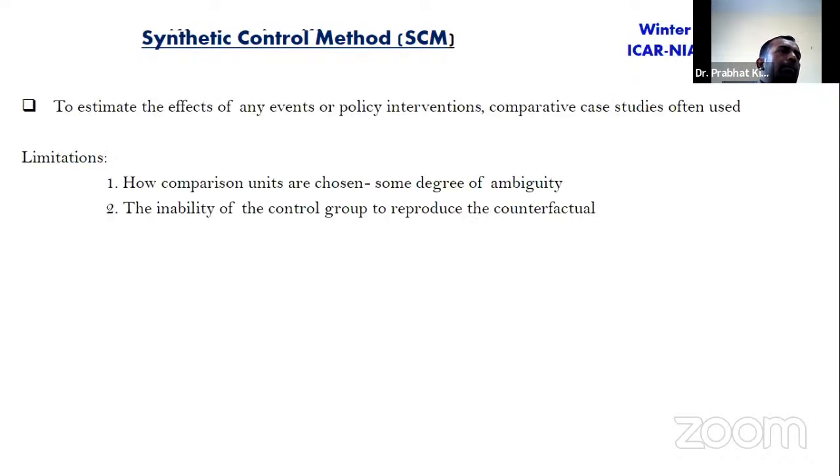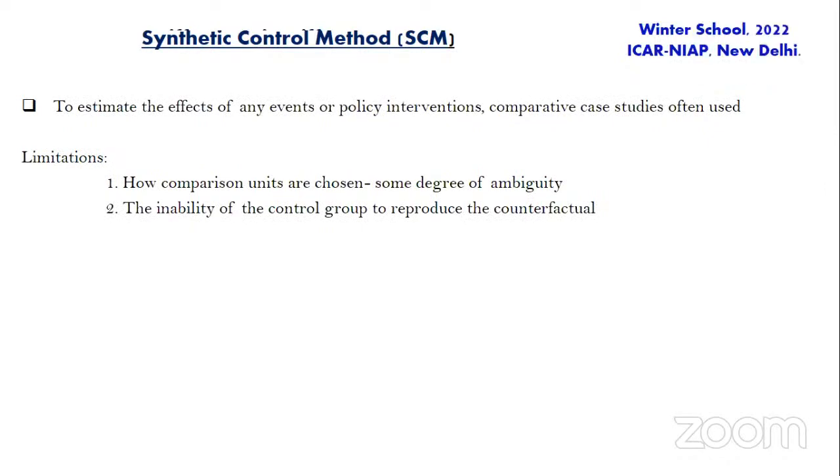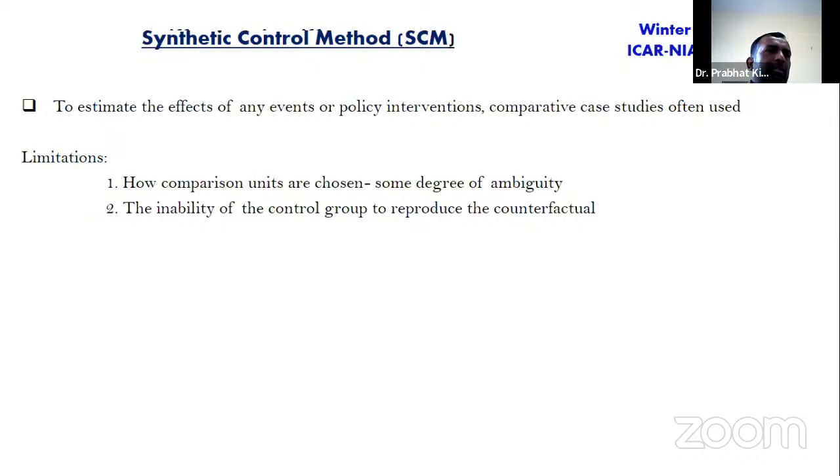My main topic is synthetic control, when you are dealing with the aggregate level and you have only one unit as a treated unit. In that case, how are you going to do it? That is the case when we are doing comparative case studies. With that limitation, how the comparison units are chosen, there will be some ambiguity.